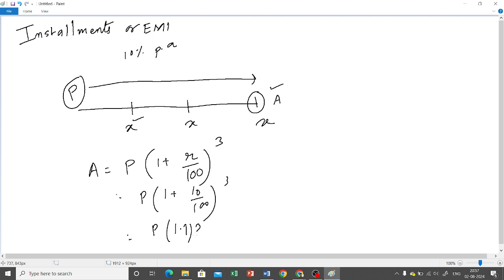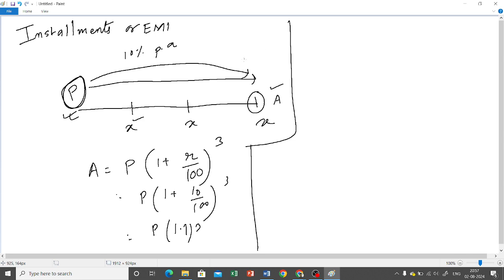All right, yes or no? The P at this position, when I bring it to this position, is no more P, it becomes P into 1.1 whole cube. Is that clear, this portion?